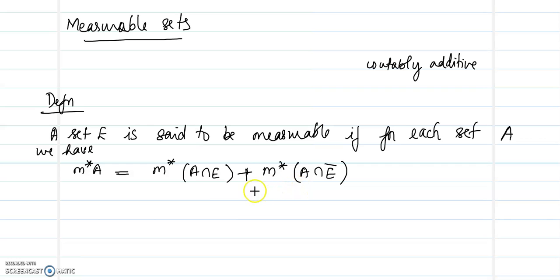So if this holds, a set E is said to be measurable if for any arbitrary set A, m star of A is equal to m star of A intersection E plus m star of A intersection E complement.